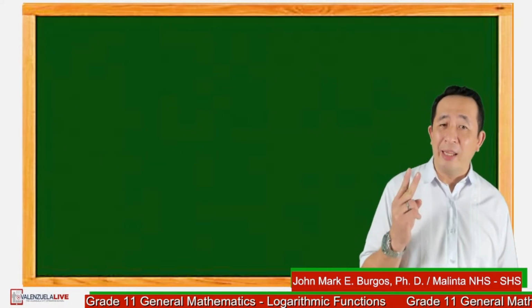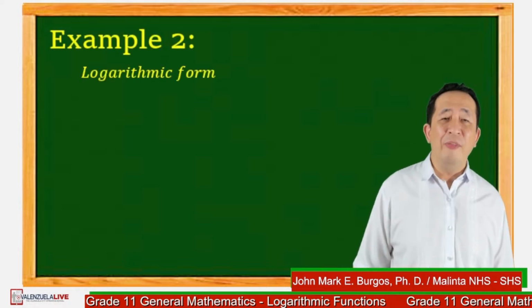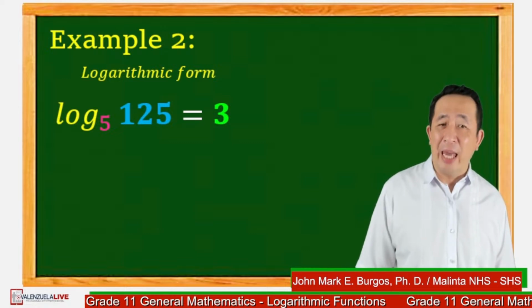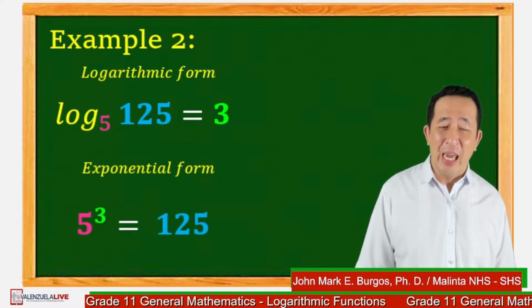In our second example, in logarithmic form, logarithm of 125 with base 5 is equal to 3. In the exponential form, 5 raised to the power of 3 is equal to 125.